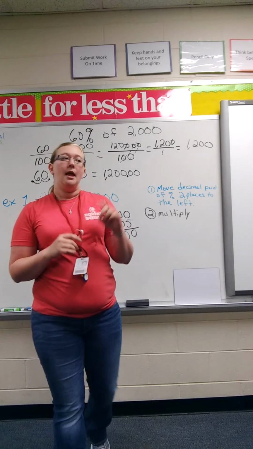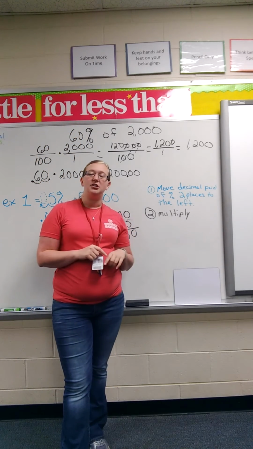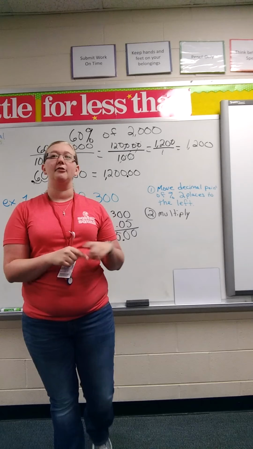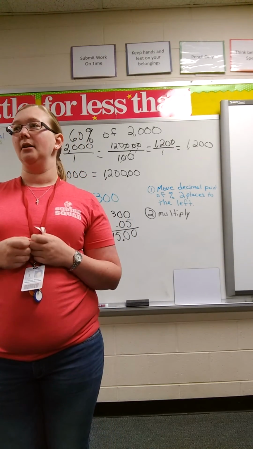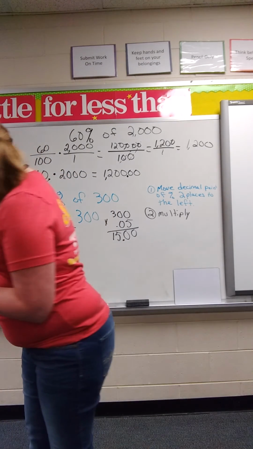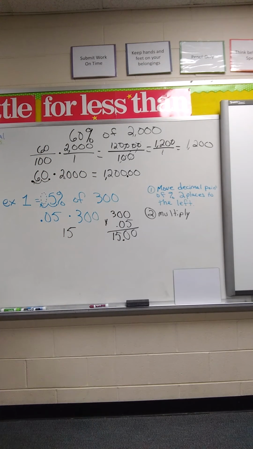If you are doing your multiplication and you end up with a smaller value, what would that tell you? You made a mistake somewhere, right? Okay, so let's find 120% of 75.